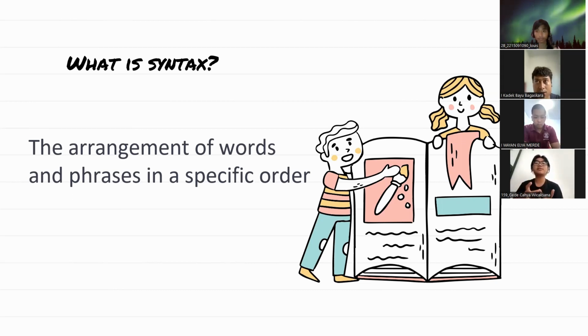Syntax means the arrangement of words and phrases in a specific order. If you see one sentence, syntax is the arrangement of the words and phrases in that sentence. So if a word or phrase changes position, the meaning will be different. Next one.